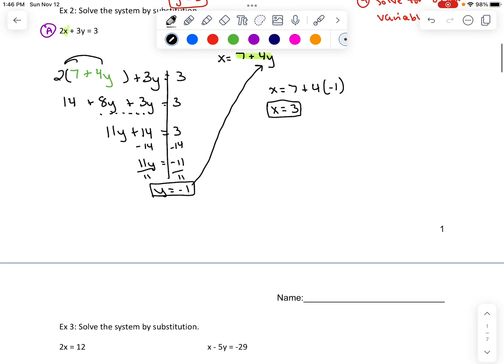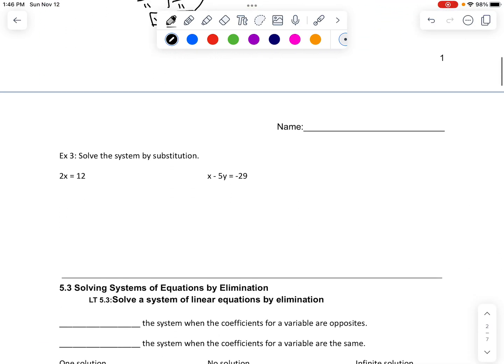So we have one more example to get through. On this one, we're supposed to get a variable alone. I can, but notice on equation A here, there's no y. So this one I actually am going to just solve for x right away. This one actually is an easier process. x equals 6 right away, and then I can sub it into my x variable over here and just solve.